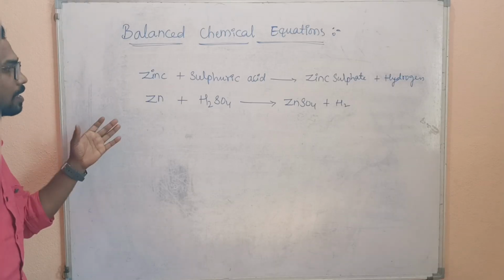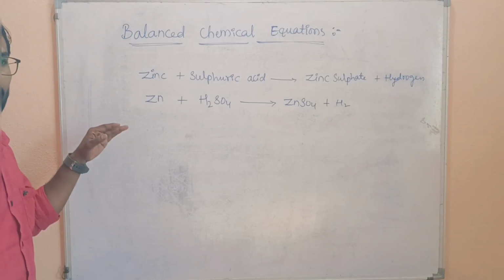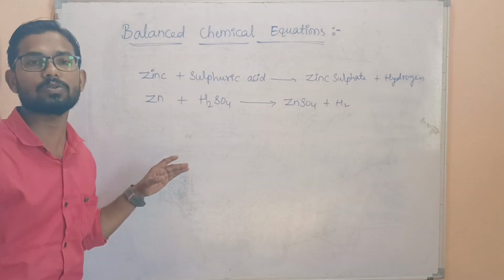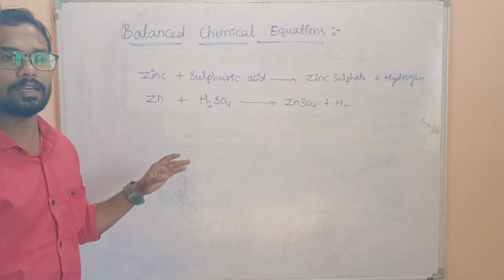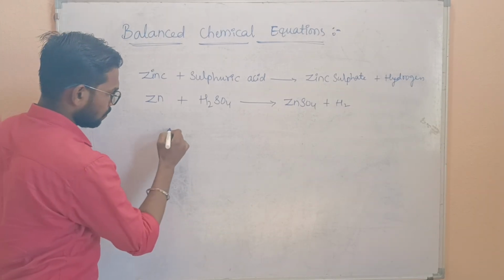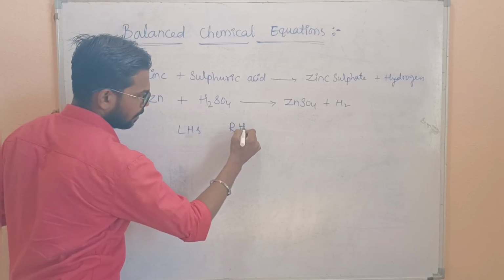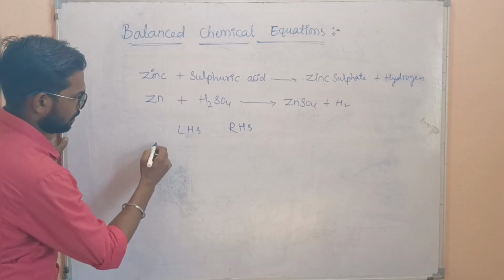Let's check whether this reaction is balanced or unbalanced. Already you know that an unbalanced chemical equation is also known as a skeletal chemical equation. So let's see that by putting the LHS and RHS elements.